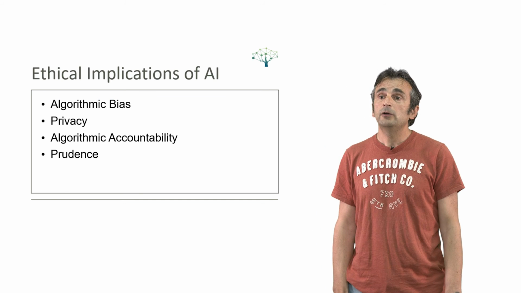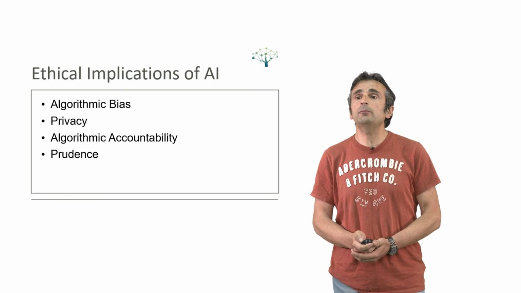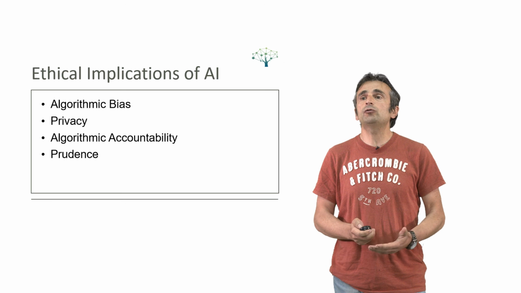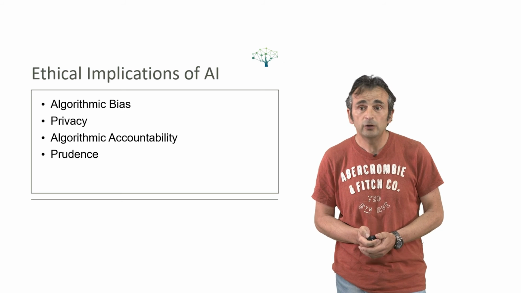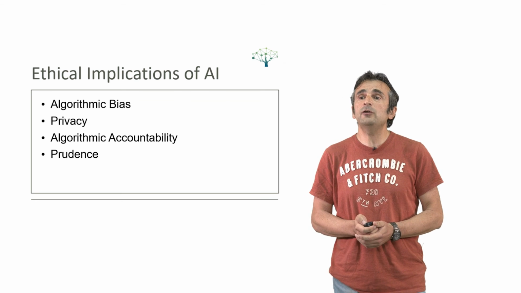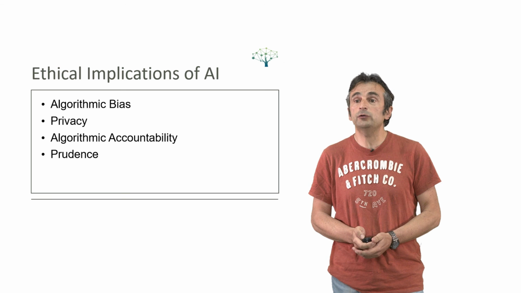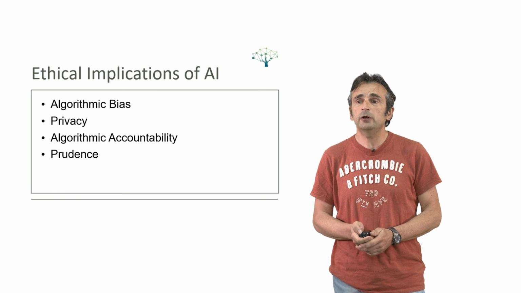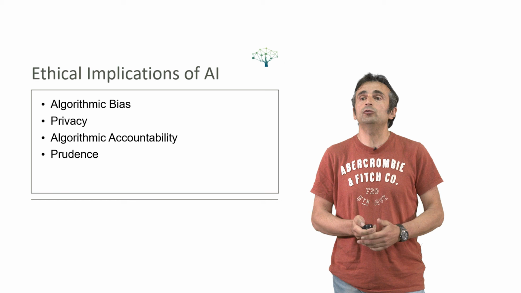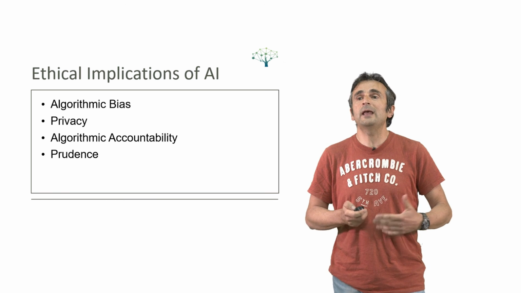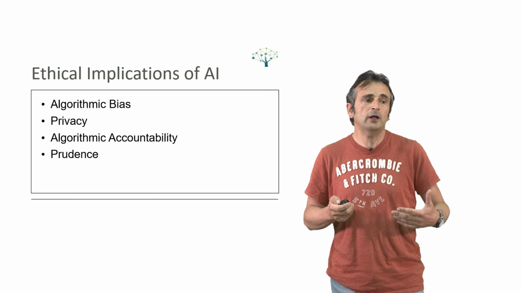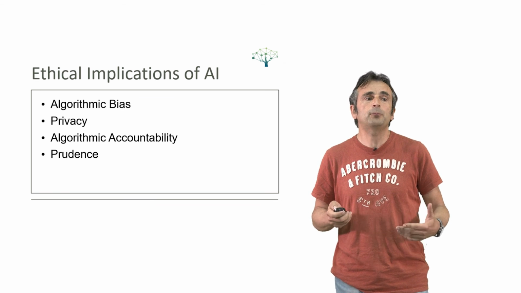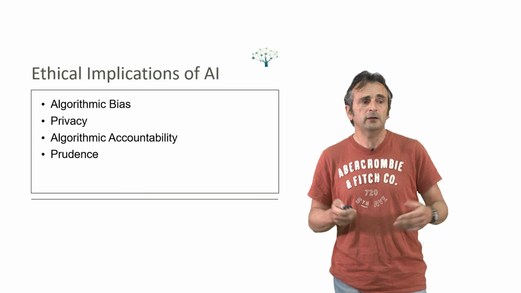In this context, we will close the unit covering some topics that we believe need to be treated with care. For instance, we will discuss the dangers of algorithmic bias or the dangers of giving away our privacy. We will also talk about the need of algorithmic accountability and the obligation of professionals being prudent about when explaining their products.